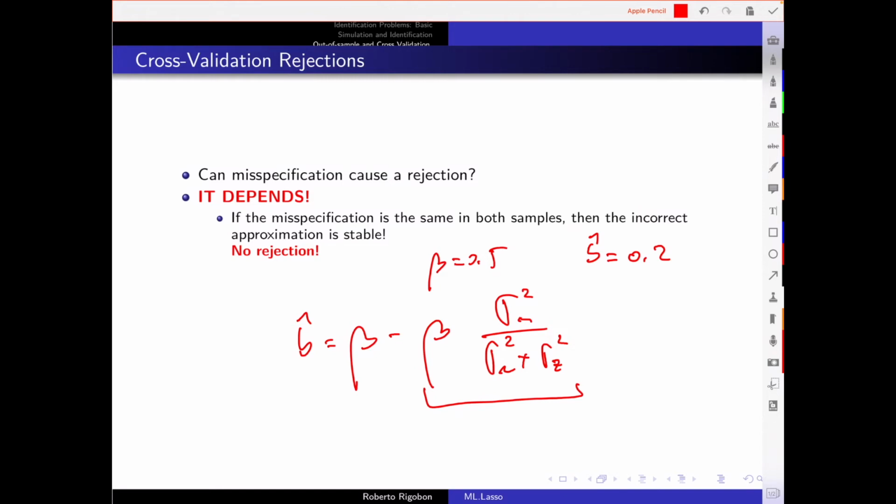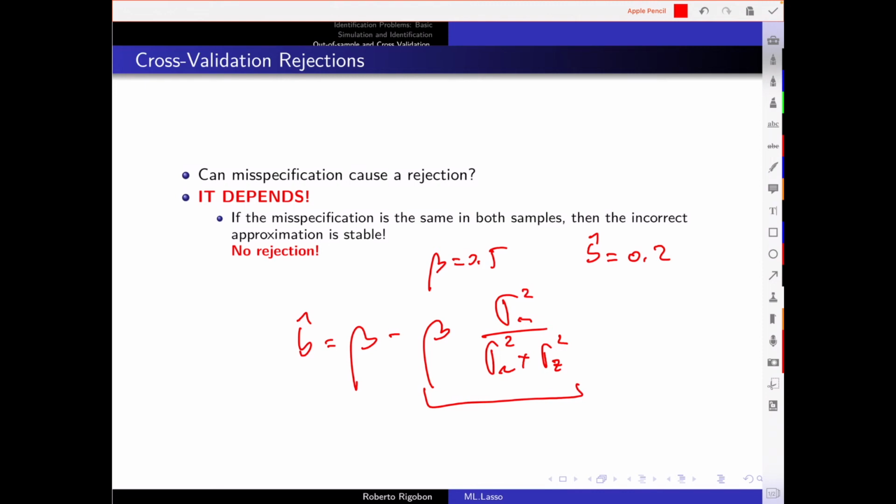Now, if the parameters change, if the beta changes, then the cross-validation will detect it. If the beta changes, then the bias will also change, and therefore you will be able to detect it with the cross-validation. In other words, if the beta is different in the two samples, you will see that, and then you will reject. It is also possible that the sigma eta or the sigma epsilon are different in the two samples.